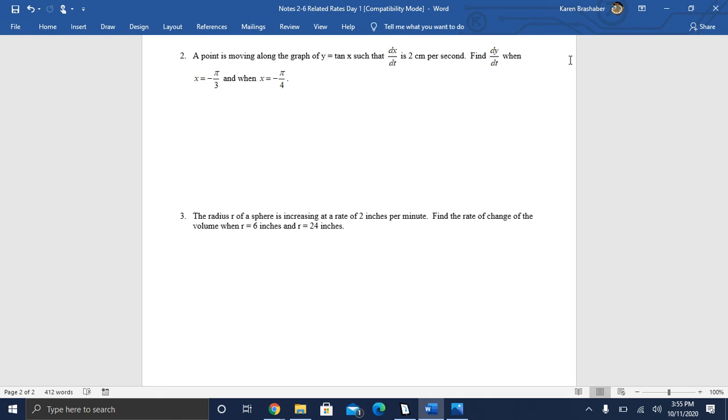So we'll do the derivative with respect to time of y equals the tangent of x. So derivative with respect to time of your equation.